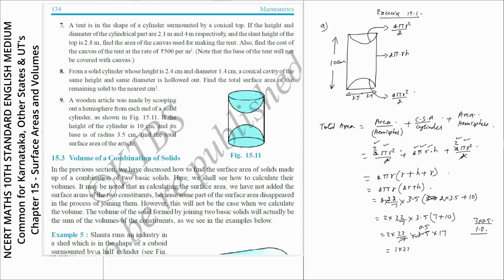So 1 into 22 into 17. Now 17 into 22 is 374.